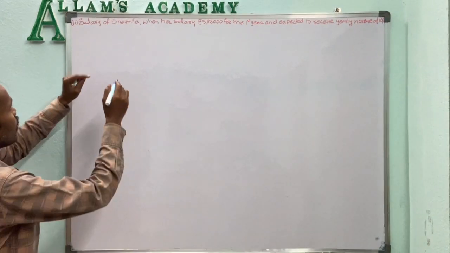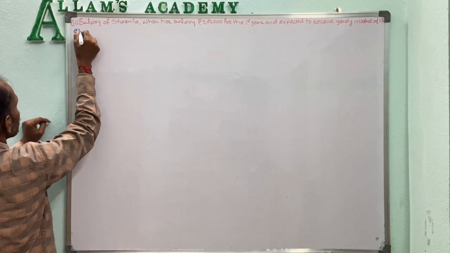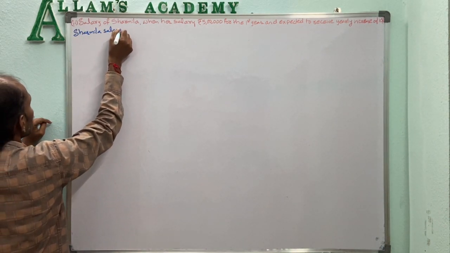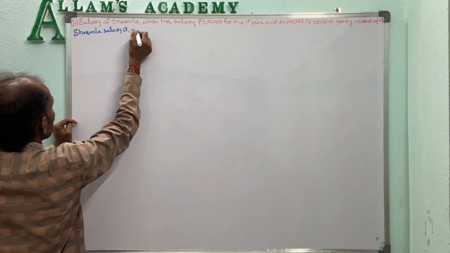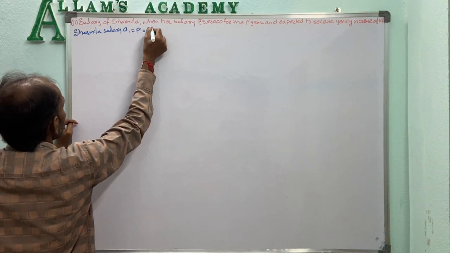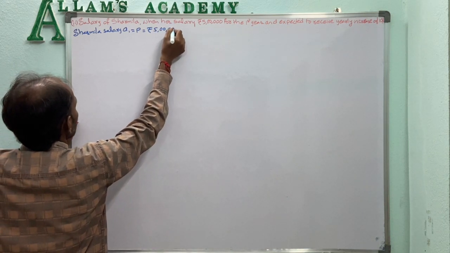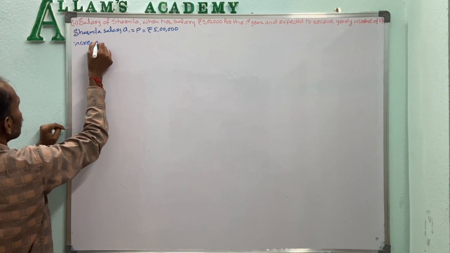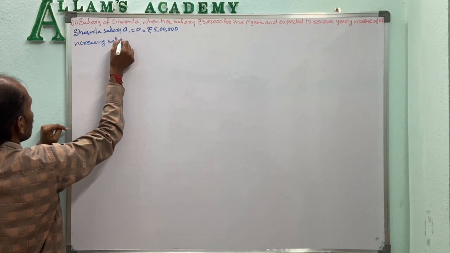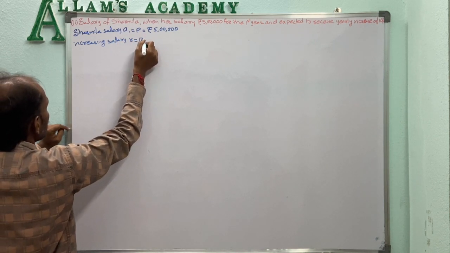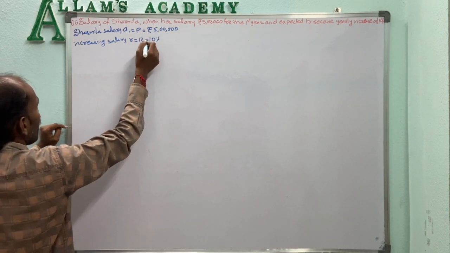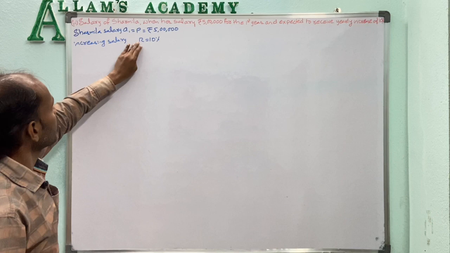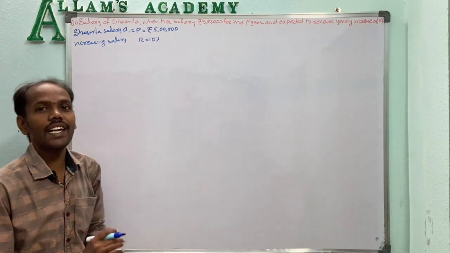So for Sharmila's salary, the first term a is equal to 5 lakhs, which is the principal amount, with the salary increasing every year at the rate of 10%. So that r is nothing but 10%.